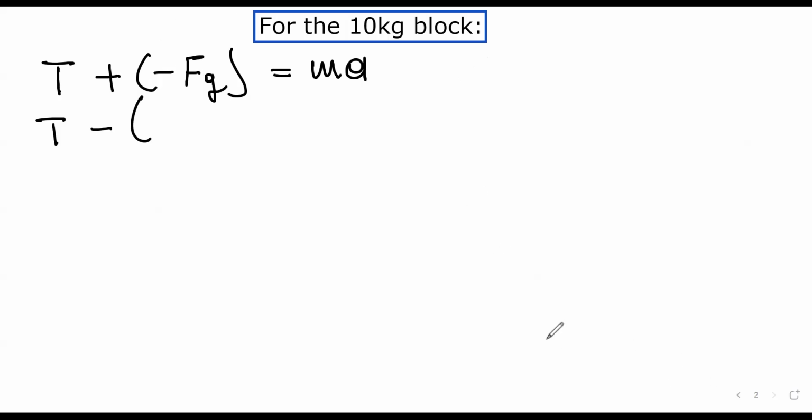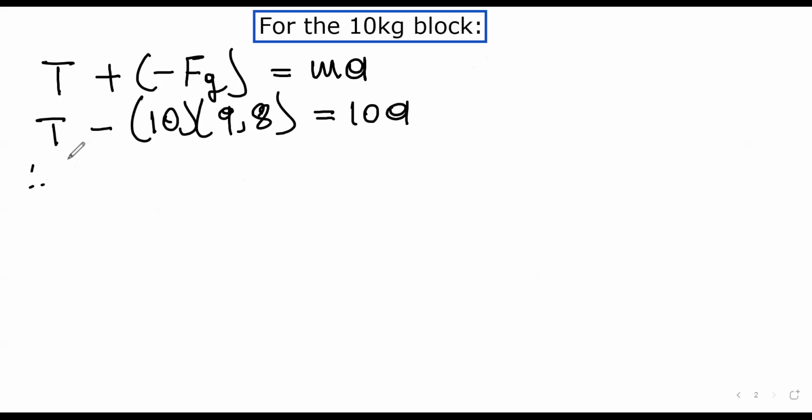Now, how do I find my gravitational force? By taking the mass and timesing it by the gravitational acceleration. And so the tension force here will just be 98, I should like to believe. Yes. And this is set equal to 10A. And this becomes our second equation.